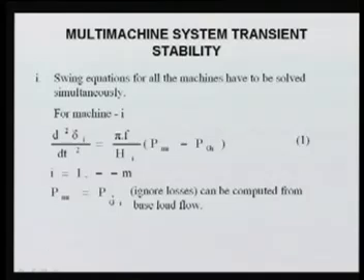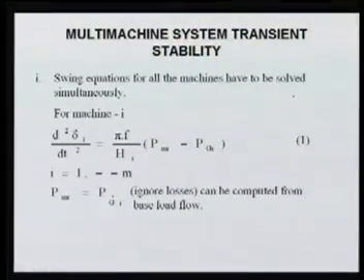Suppose in a multi-machine system there are n buses, and the generators connected at the various buses are m in number. Then we can write the differential equation, the swing equation, for all the machines.